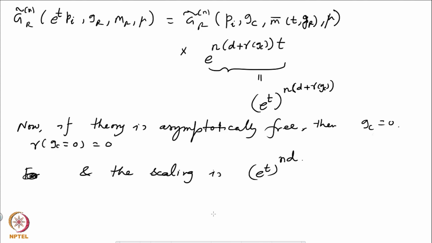I'll take some particular theory, and I'll give you a beta function of that theory and how the gamma function looks. These correspond to some theory, and then given that, I'll figure out how this exponential factor behaves. That's what I will do.